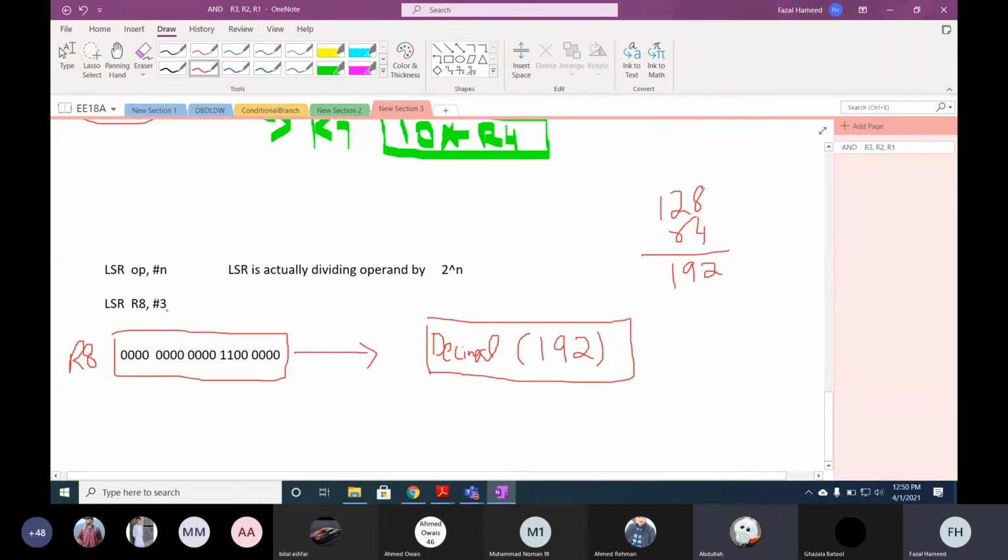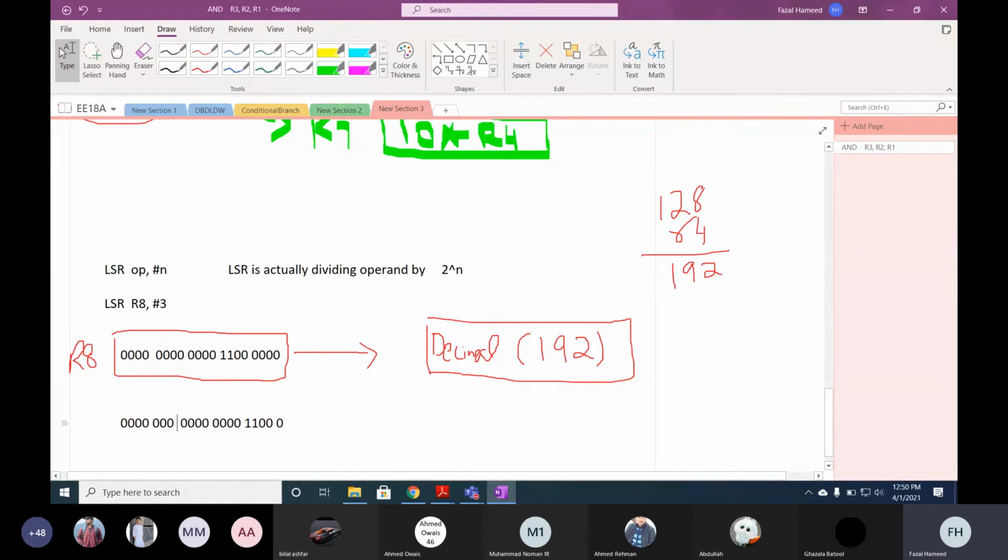And if we right shift it by 3, how many zeros are we inserting? 3 zeros on the right side are inserted. How many will be removed? 3 will be removed from the left hand side.